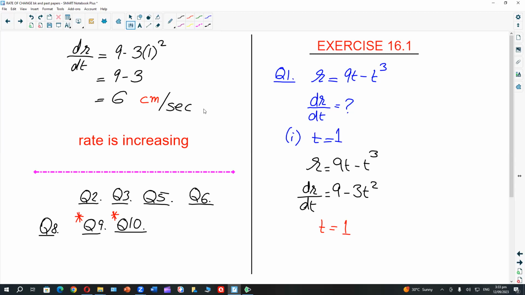Look at the screen. I'm getting 6. Check it. Okay, so yes, it's 6 centimeters.